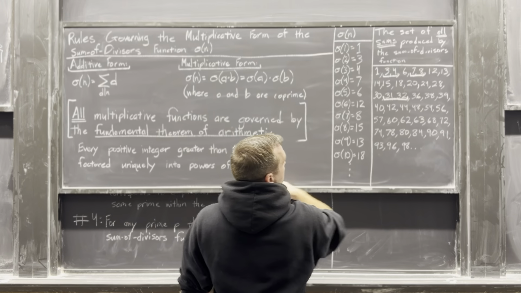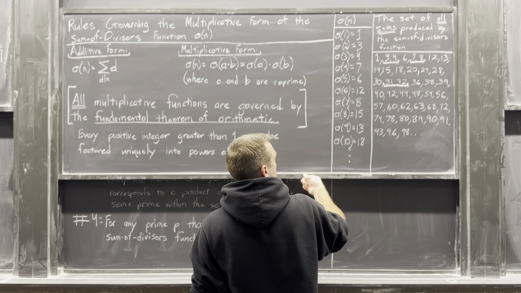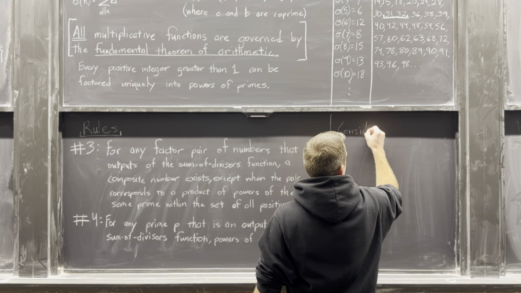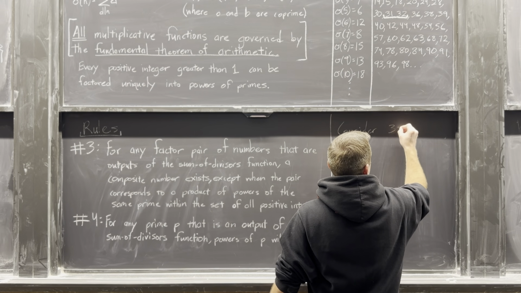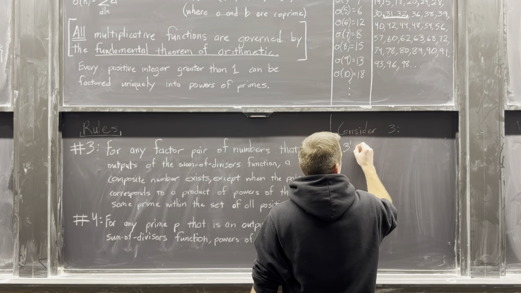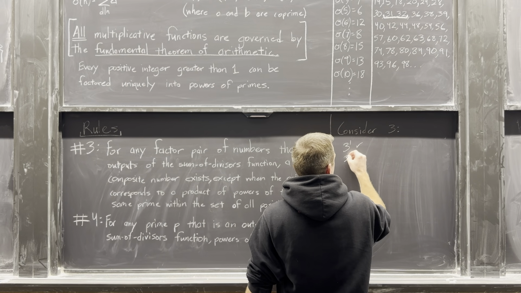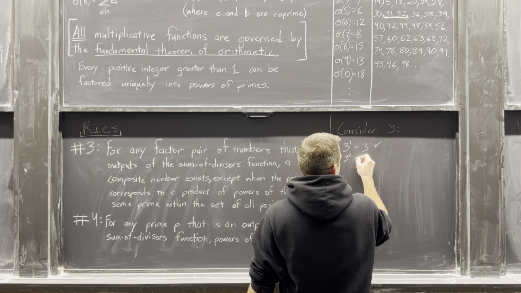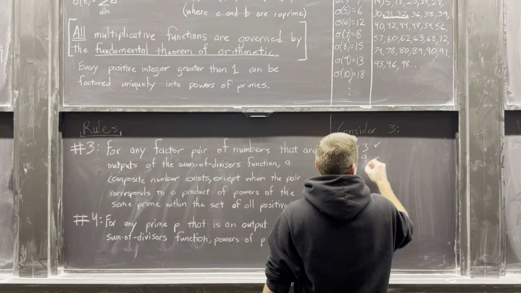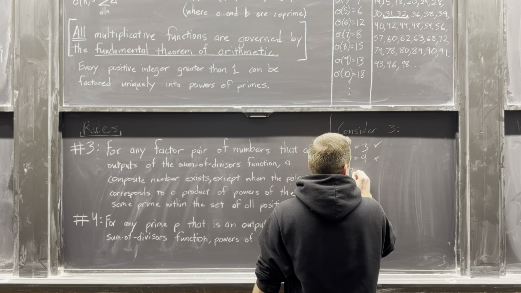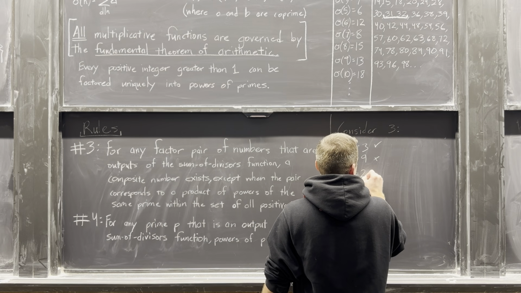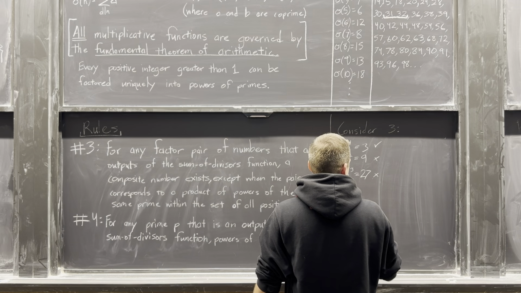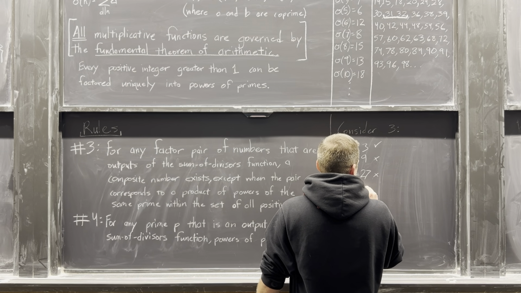What I have to do is look for our prime. The first prime is 3, so consider 3. Okay. 3 to the 1 exists. 3 to the 2 is 9, which doesn't exist. 3 to the 3 is equal to 27, which doesn't exist. 3 to the 4 is equal to, what is it?